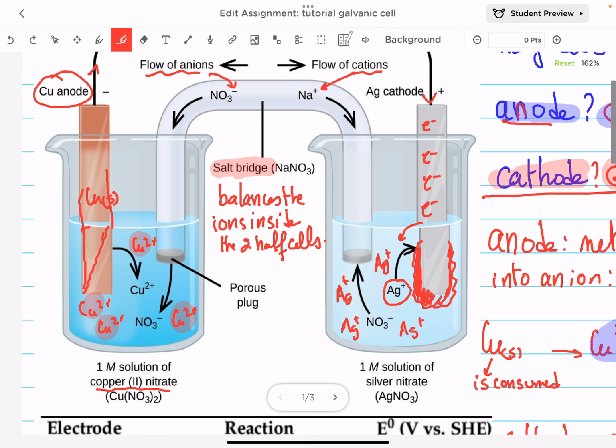Therefore, in order to maintain the balance, the salt bridge will send toward the anode the negative ions. Or in other words, we can say that the negative ions, or the anions, migrate in the salt bridge towards the anode.